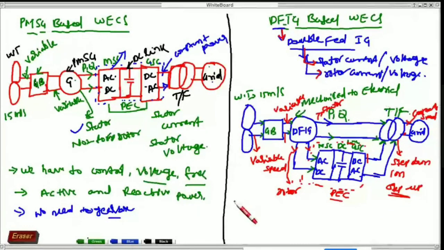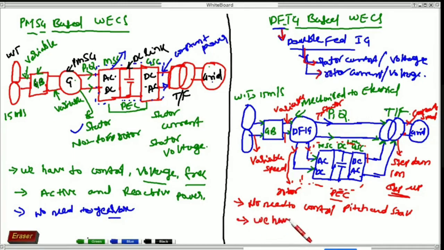So in these sections, no need to control pitch and stall, and as well as we have to control voltage and frequency, as well as the active and reactive power.